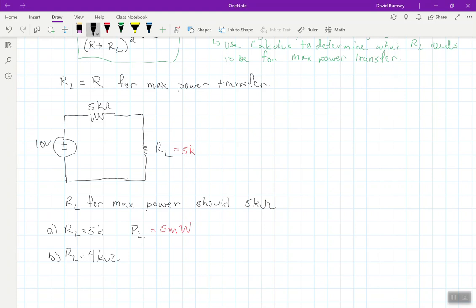And so if I do this with 4 kilo ohms, we know that the voltage for the load, it's all the same equations, it's just I'm going to have 4 in here now for the load.